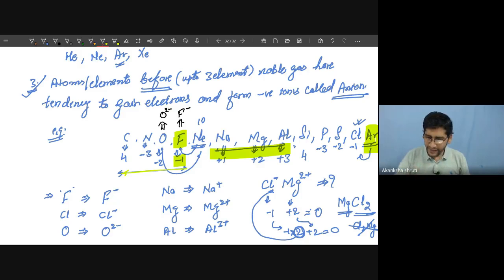Now, here we have written that certain atoms which are before the noble gas have the tendency to gain electrons to form negative ions.